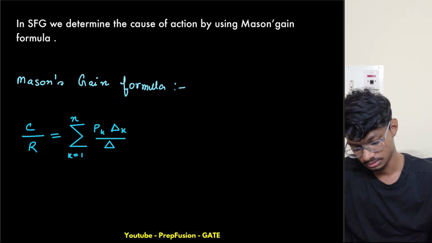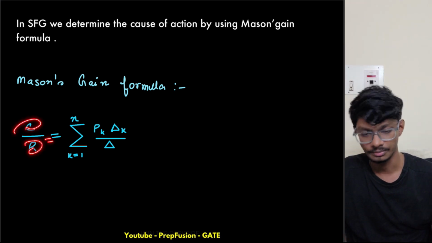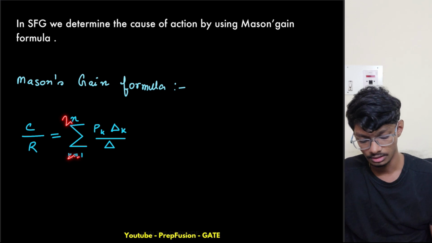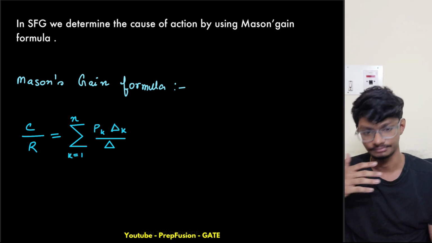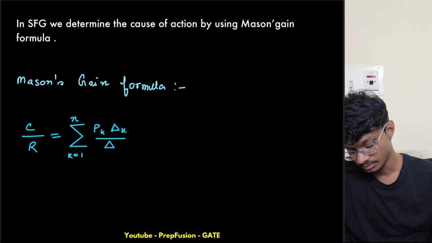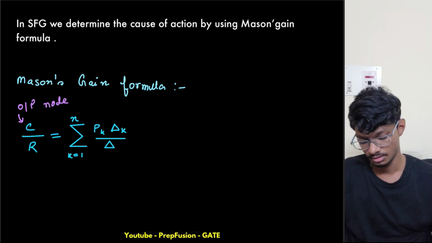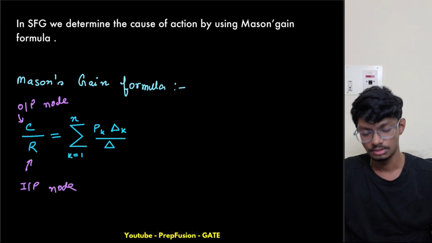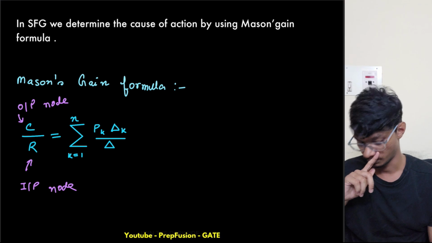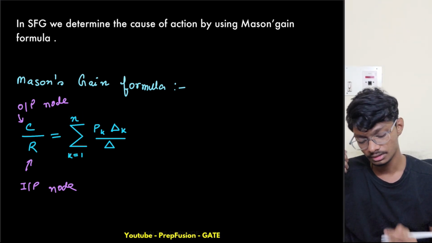This Mason's gain formula is C by R equals the summation of k equals 1 to n of P_k delta_k by delta. So what does this mean? C is our output node, the node from where we are taking the output, and R is our input node, the node where we are giving the input. And this is a summation. Now what is P?